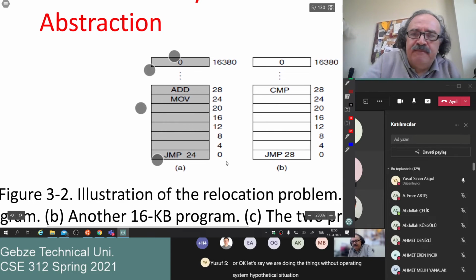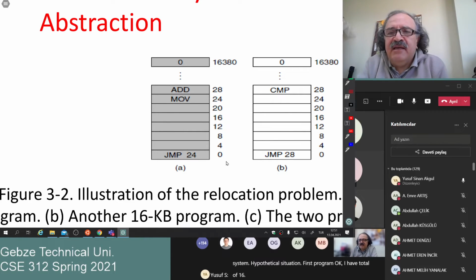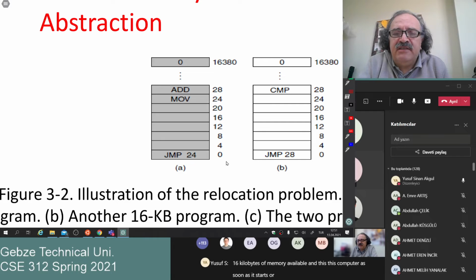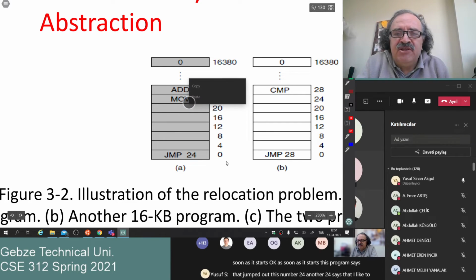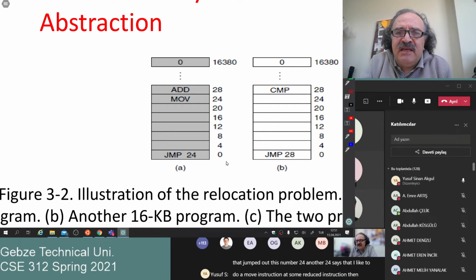First program: I have a total of 16 kilobytes of memory available, and as soon as this computer starts, this program says jump to address number 24, and address 24 says I'd like to do a move instruction, some register instruction, then some addition, etc.